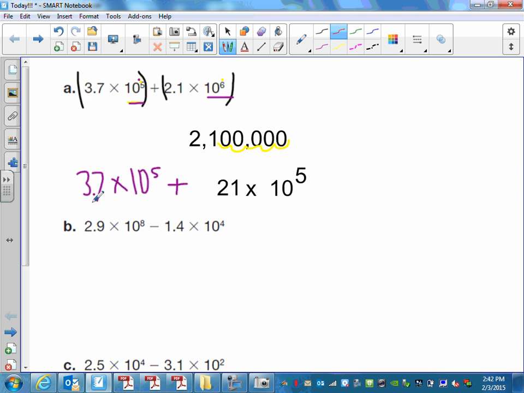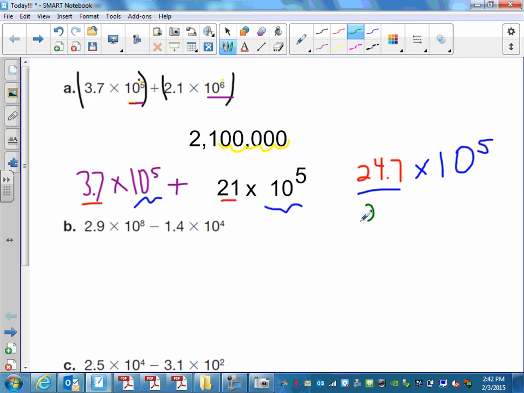21 plus 3.7 is 24.7, and the denominator is 10 to the 5th, or the second piece there. I'm calling it denominator, kind of like a common denominator in a fraction. So my final answer is not this, because my mantissa is too large.